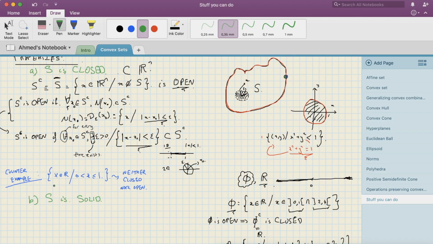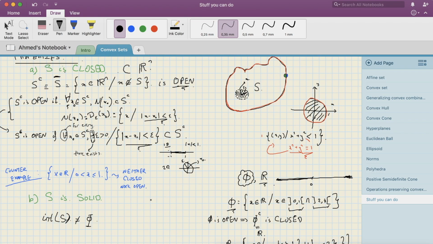One way to express this mathematically is to say that int S, the interior of S, is not phi. A direct consequence would be if K is open, then naturally int K is K, because K has no boundary, so it only contains interior points.